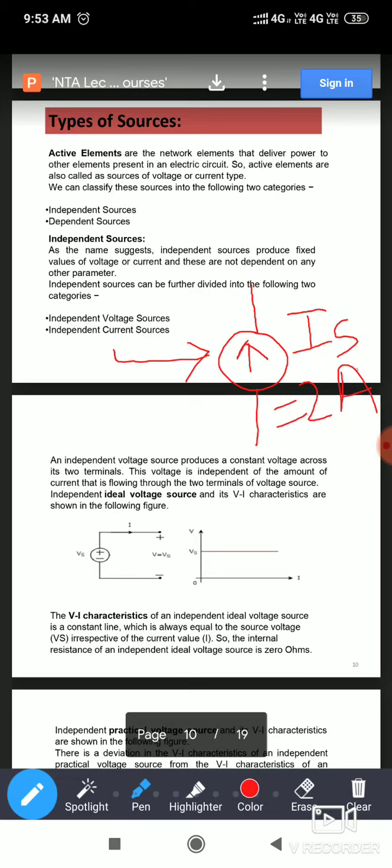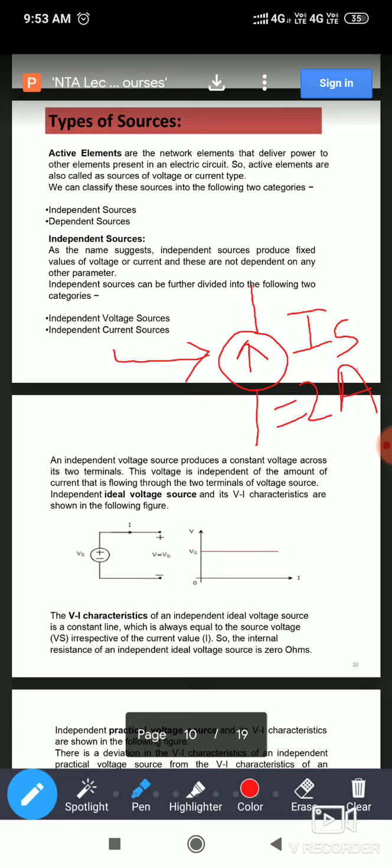Once you classify, then you can easily apply the theorems and easily find out the parameters. If you are confused while identifying the source itself, it will create a problem for you. So clarity is important. All points are important.